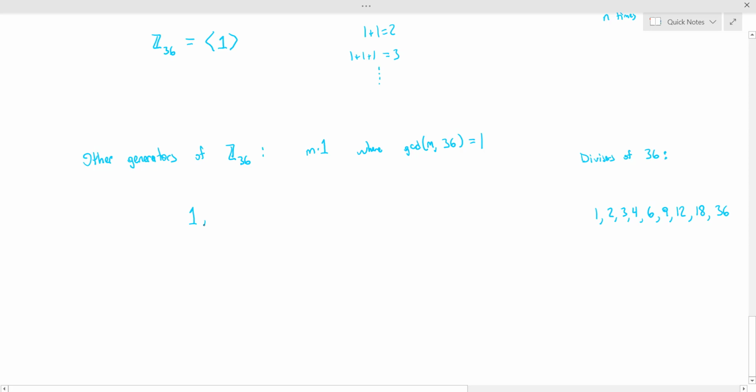1, of course, 5, because 5 is prime. 7, 11, 13, because none of the even integers would work. 15 doesn't work because 15 shares the divisor of 3 with 36. 17, 19, and so on.